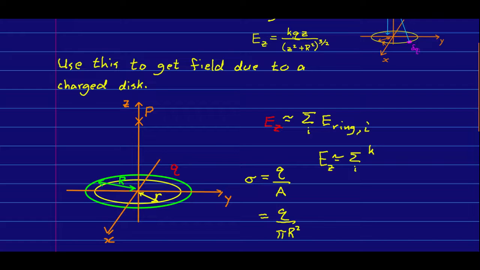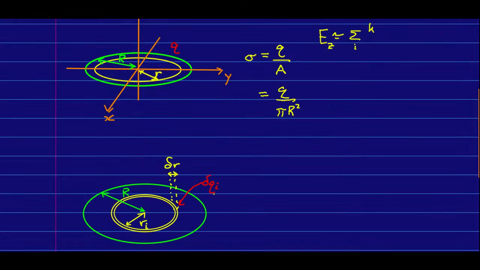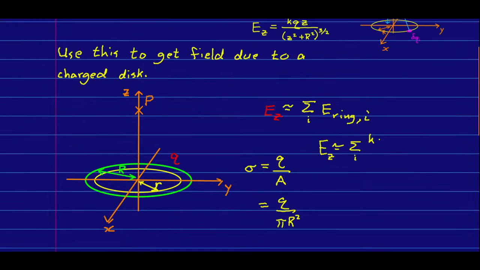So now the charge I'm going to call delta Qi on the ith ring, so delta Qi, and I have z, which is just the location of the point P still, all over, and now we have z squared plus, and this capital R here is no longer capital R, it has to be the radius of this ith ring, and all of that denominator is to the 3/2.